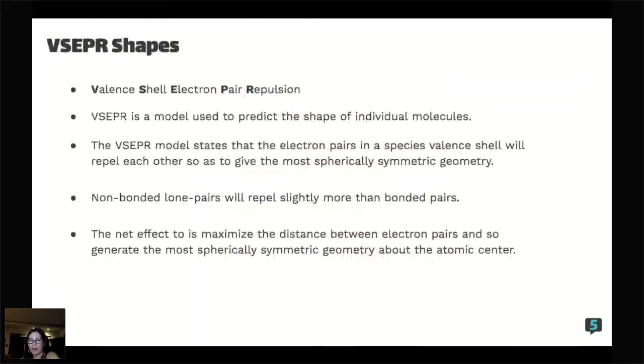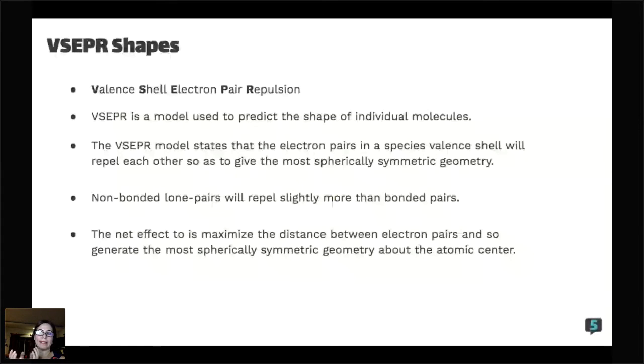Now, with this information in mind, we're going to start creating VSEPR shapes. VSEPR stands for valence shell electron pair repulsion. It's a model that we use to predict the shape of individual molecules. It considers that the electron pairs would like to be as far away from each other as possible because, as you know, electrons are negative, so they repel each other.